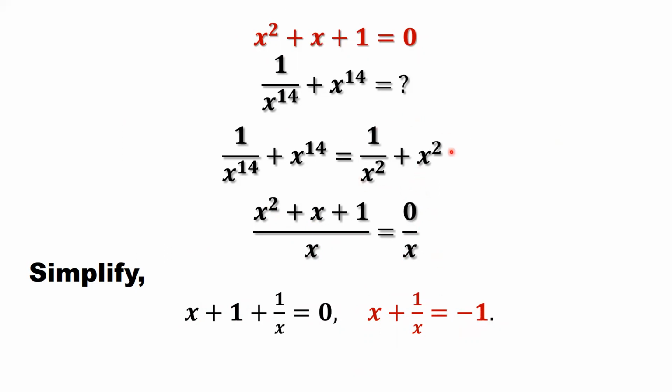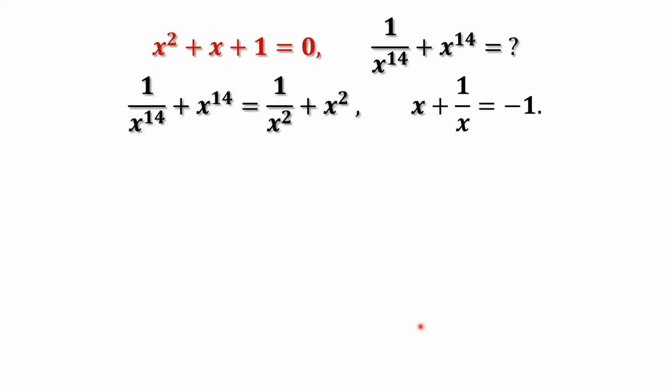The question is, we want to find 1 over x squared plus x squared. Here is x plus 1 over x without the square. So how to convert this into this kind of form? That means put a square here, a square here. We can square both sides.